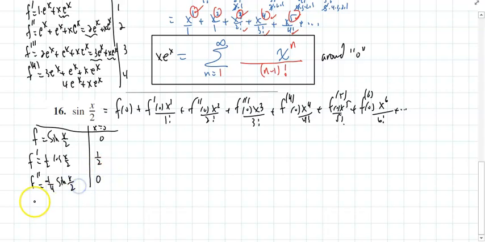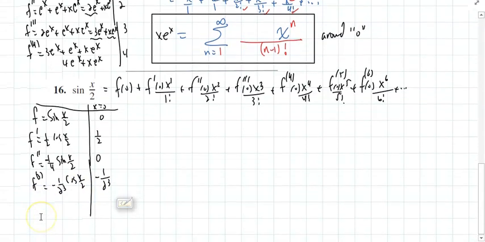That would be a 0 at 0. The third derivative will be negative 1/8, or I should say 2 cubed. I shouldn't simplify if I'm looking for a pattern. This would be negative 1 over 2 cubed, maybe a few more derivatives.